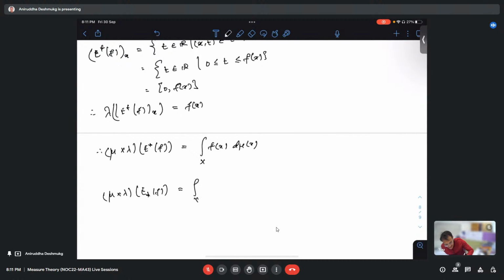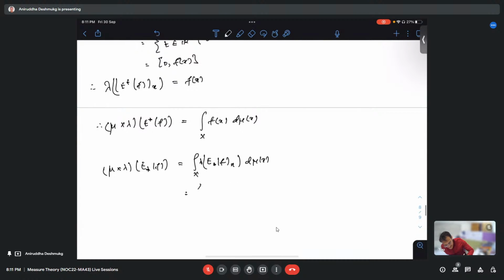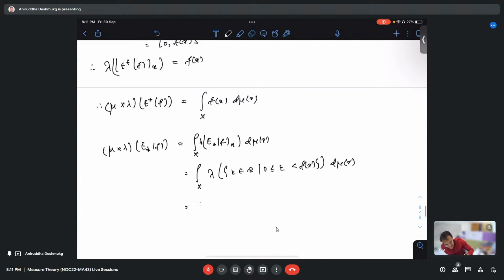Again, this is the integral over x of the measure of E lower star f x, d mu x, which is the integral over x of the measure of all those t for which 0 is less than or equal to t, but t is strictly less than f(x). This is also an interval. So again, that is going to be f(x).